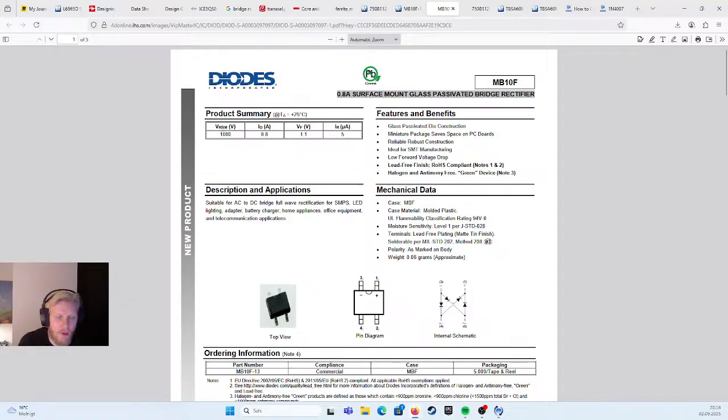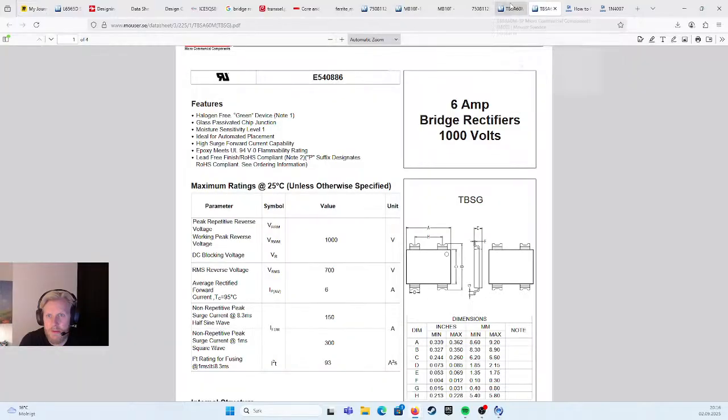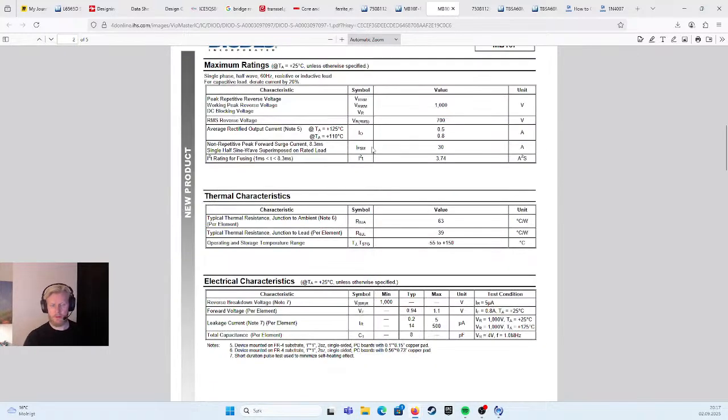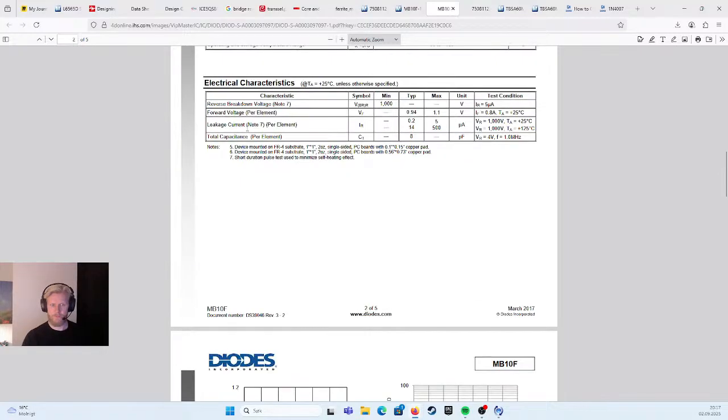But it's the same repetitive reverse. What was it? Repetitive reverse voltage. VRRM. Output current 0.8. Forward voltage 1.1. IR, was IR? Leakage current, right.